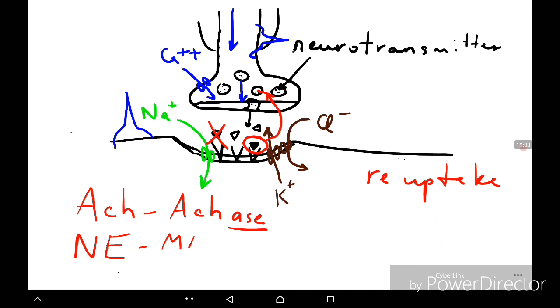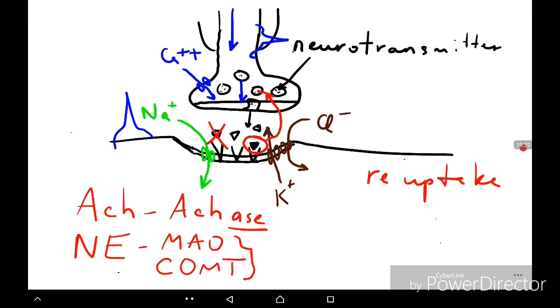Norepinephrine is broken down by two enzymes, monoamine oxidase, MAO, or another enzyme, COMT, catechol orthomethyltransferase.